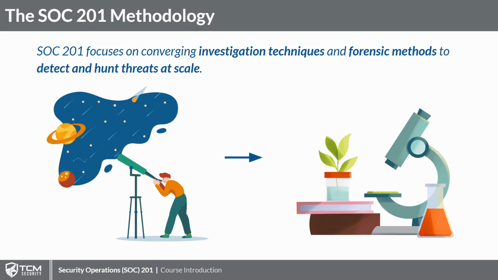We need to be comfortable with pivoting in this way, using the evidence and indicators or findings that we've discovered on one system. We need to be able to take that information and use it to guide our next steps across the enterprise. Every piece of evidence that we find becomes a lead, and learning to follow these leads across different layers of the environment is a core skill in both incident response and threat hunting.